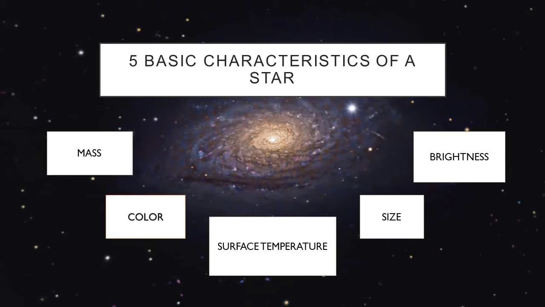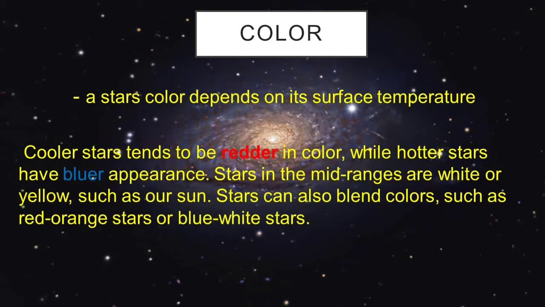So let's talk about the color of stars. Well, actually, class, a star's color depends on its surface temperature. The cooler stars tend to be redder in color, while hotter stars have a bluer appearance. The redder the star is, the cooler it is.